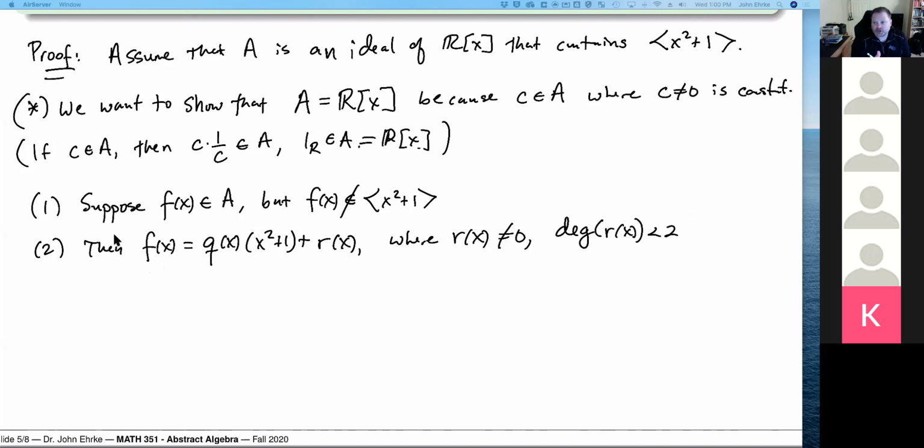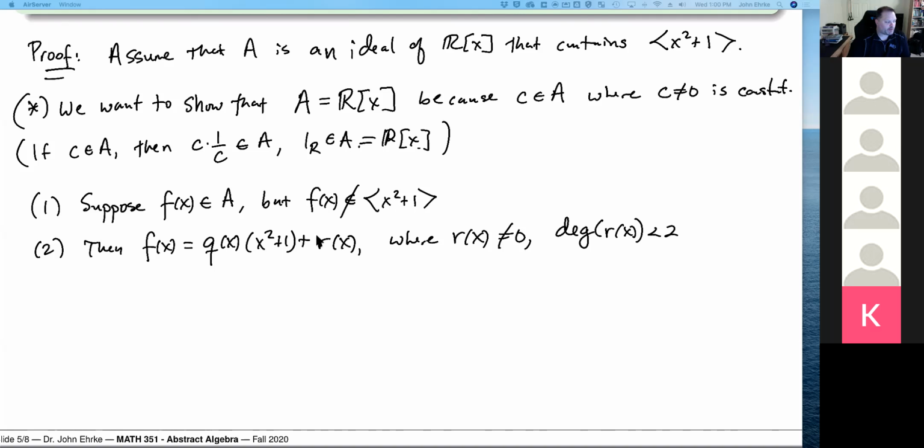You have a division algorithm for polynomials just like you have it for integers. In particular, we're looking at the mod x squared plus 1 representation of f of x. So I know I can write f of x in terms of any other polynomials. I'm choosing to write it in terms of x squared plus 1 because the principal ideal generated by x squared plus 1 is important for this problem.